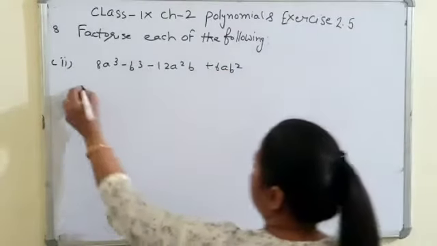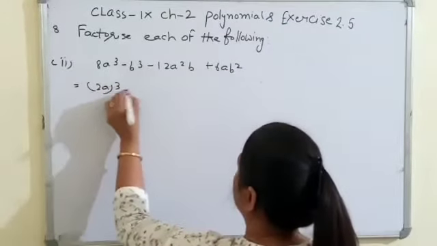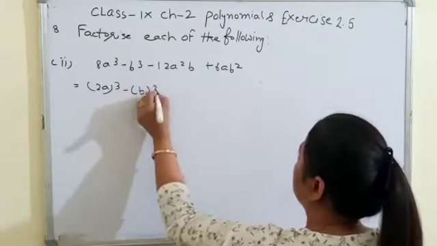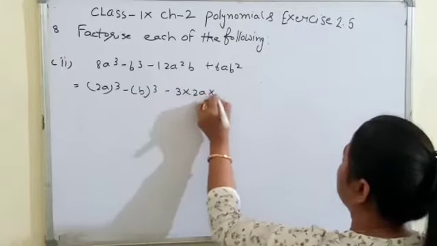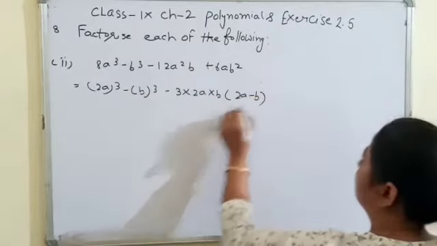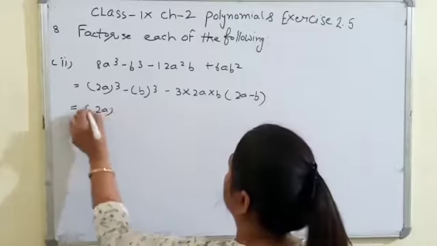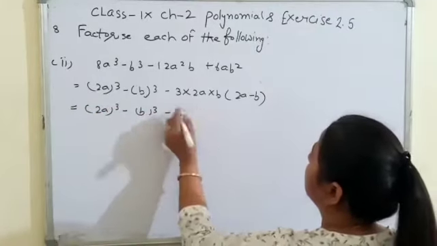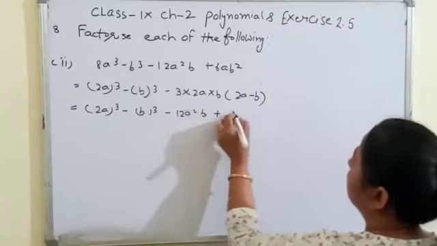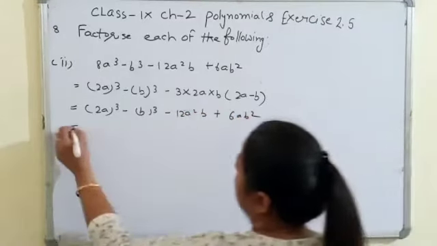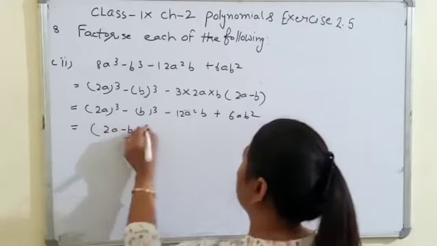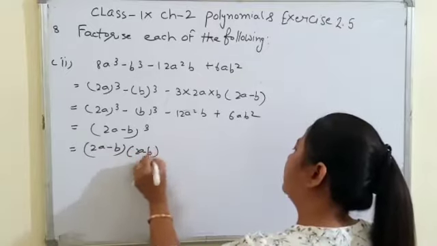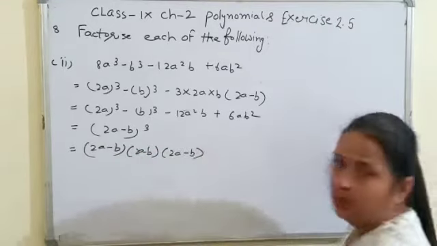Easily we can identify we can apply a cube minus b cube minus 3ab into a minus b, a cube minus b cube minus 3 times 4 is 12 a square b plus 6ab square. So this is the identity for 2a minus b whole cube. So we can write it in this form. We have to write 2a minus b 3 times.